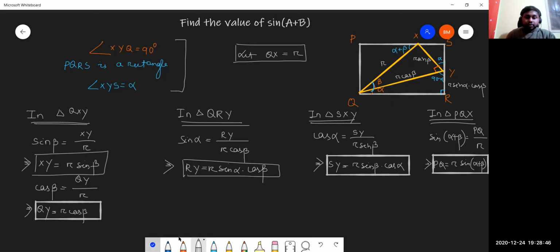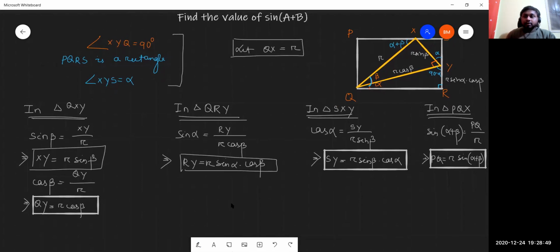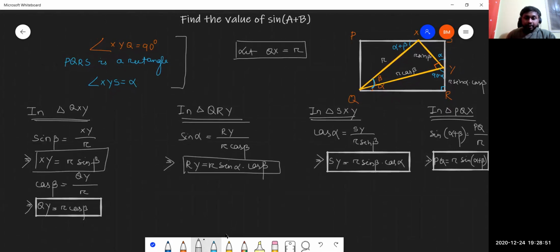Now, let me first write down all these values in their respective positions. So SY will be r sine beta into cos alpha, and this one is r sine alpha plus beta.